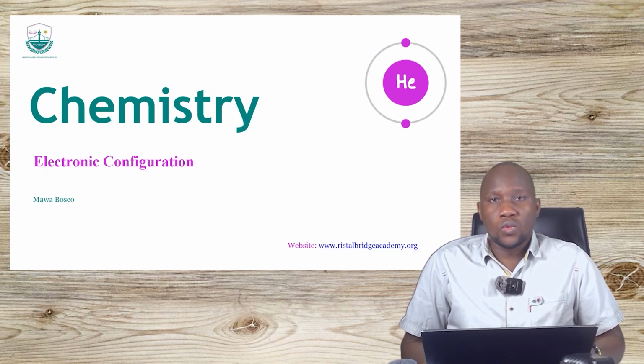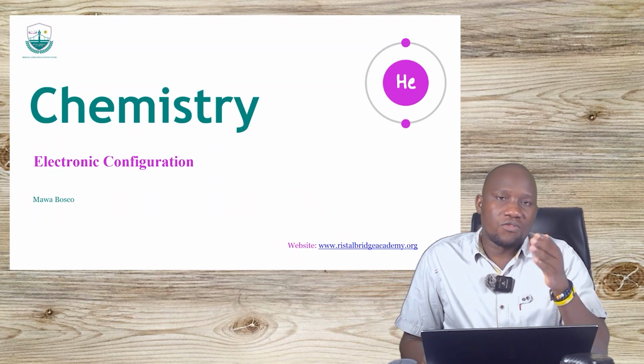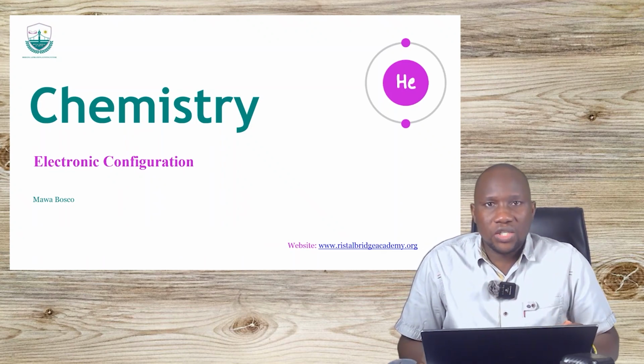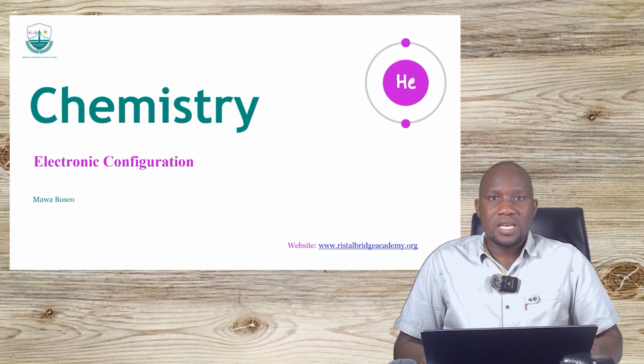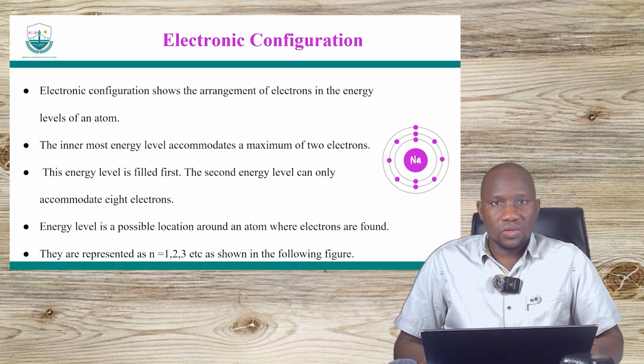What rules do these electrons follow if you're going to write the electronic configuration of an atom or an element? That's something we're going to look at. So electronic configuration shows the arrangement of electrons in the different energy levels or shells of an atom.